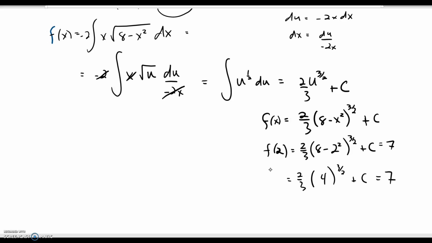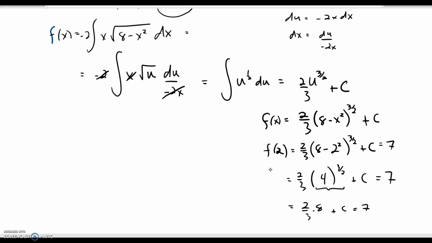So what's the best we can do with this? Well, we could find 4 to the 3/2, right? Because 4 to the 1/2, or the 2 represents the root. So that's the square root of 4 and then cubed. Square root of 4 is 2. Cubed, you get 8. So I got 2/3 times 8 plus c equals 7.